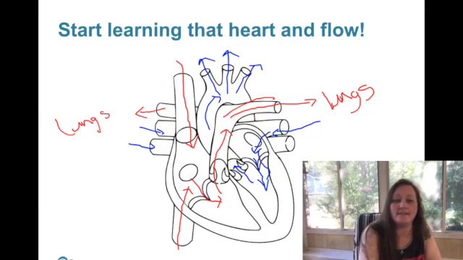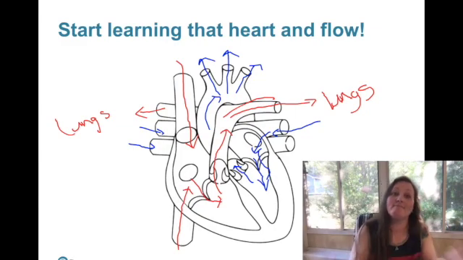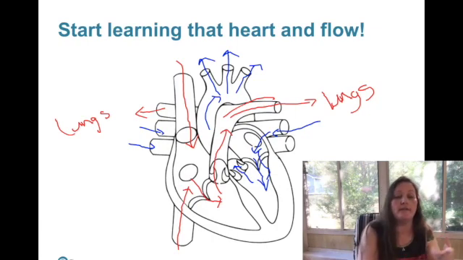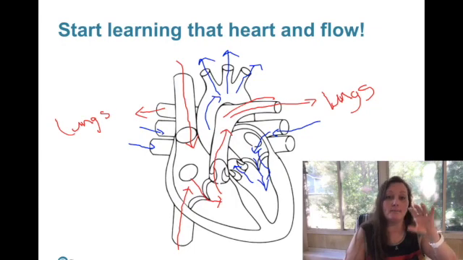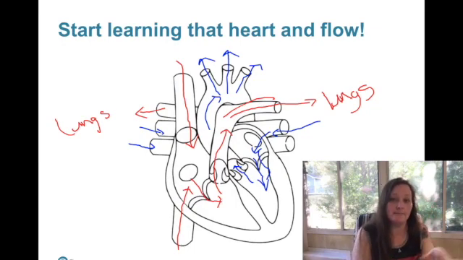So, how about that? On your final, you're going to be labeling the parts of the heart. You're going to be labeling superior and inferior vena cava, left and right atrium, left and right ventricle, aorta, mentioning where the lungs are. You're going to have to say what the clean blood is and what the dirty blood is. Dirty blood is what I drew in red.